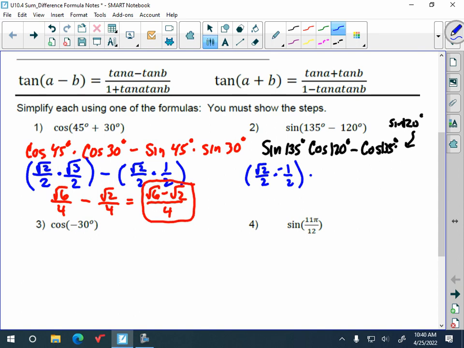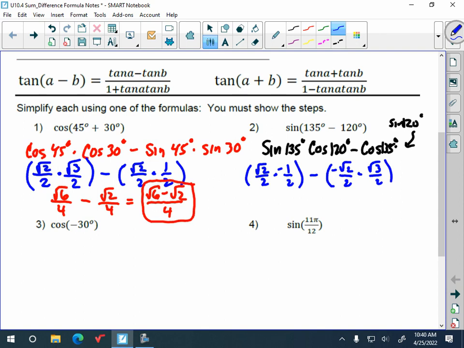Right, and then we're going to go minus cosine 135, okay, negative root 2 over 2, times sine of 120. So that's positive root 3 over 2.